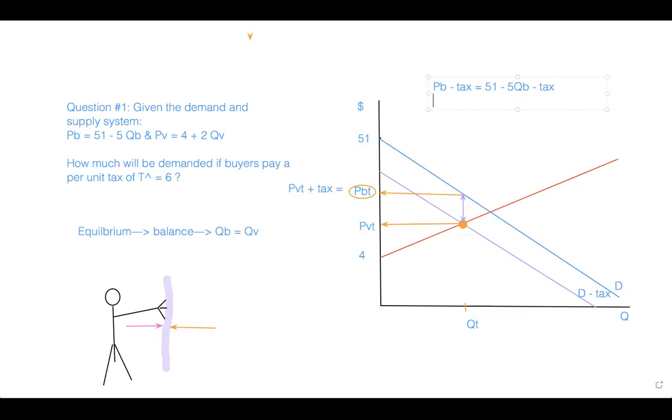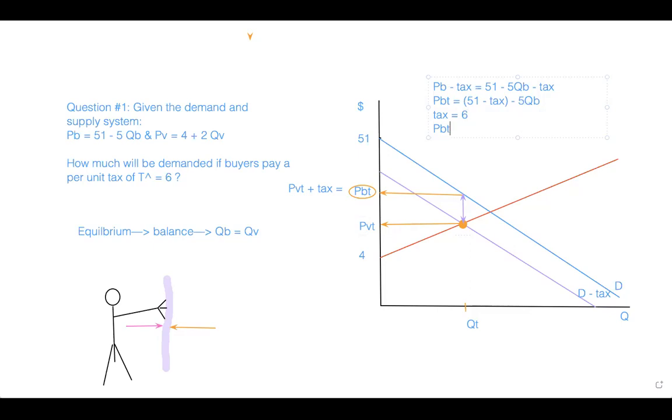Yeah, and so what I do is then I would just relabel this as PBT, right? And then I'll group things accordingly. Okay. So that looks good, right? And now we know that the tax is equal to 6.